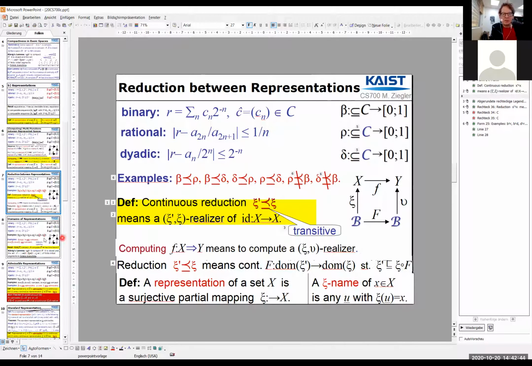So that was our notion of continuous reduction and its application here for the toy example, if you like, of representations for single real numbers.